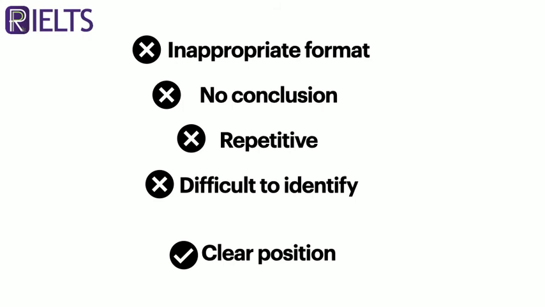He should know what the opinion of the writer is, right? So you should clarify your opinion in your introduction, and you should support your opinion in your body paragraphs, and again you should repeat your opinion in your conclusion. So there should be a clear position in the essay. So basically all these things which we have discussed are about clarity, right?